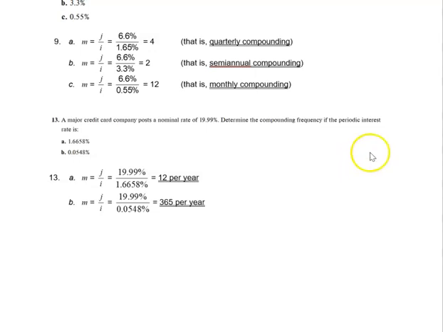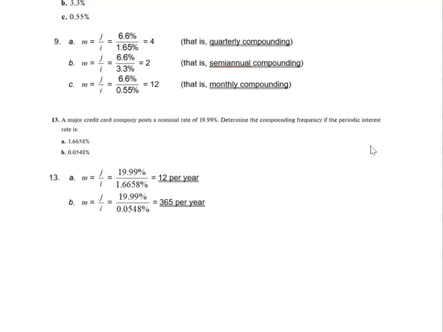Determine the compounding frequency if the periodic interest rate is 1.6658 and 0.0548. So again, we're trying to figure out the compounding frequency. So M equals J divided by I. Your 19.99% divided by 1.6658 gives you 12 times per year is your compounding frequency.